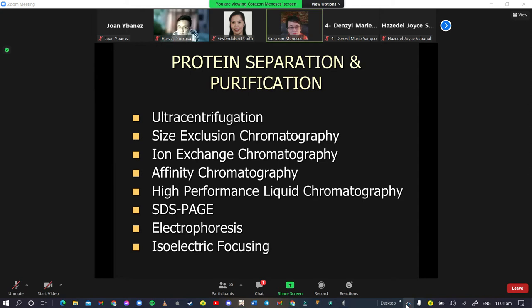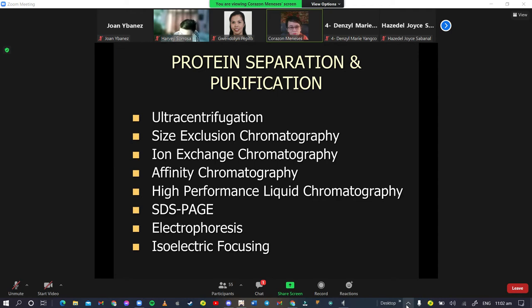Ultracentrifugation also depends on the solvent used and the speed of the centrifuge that will allow it to separate. Size exclusion is about the Stokes radius of the molecules.